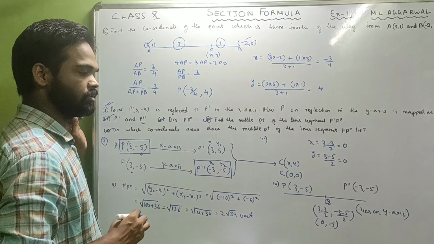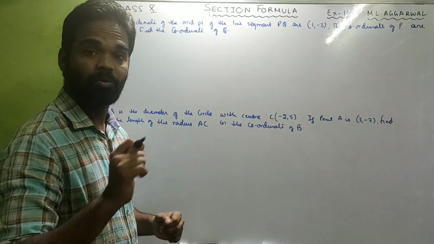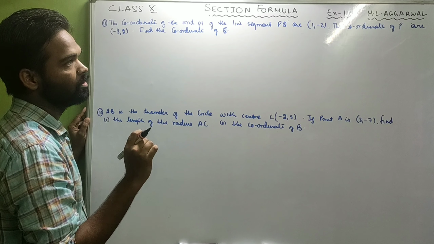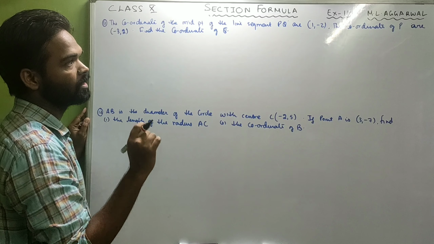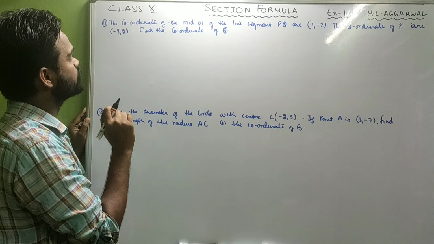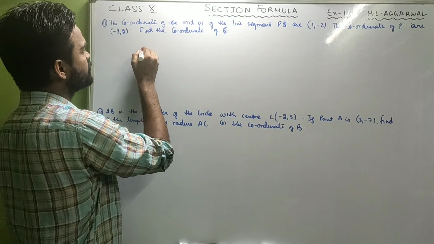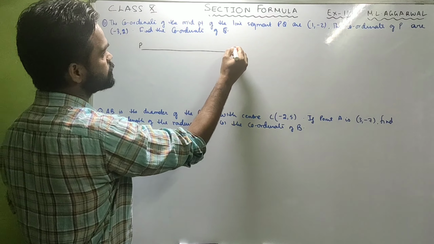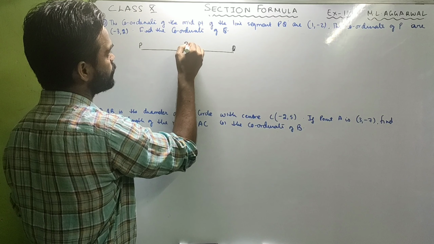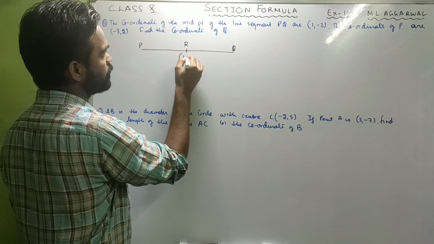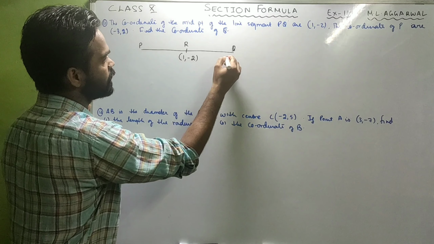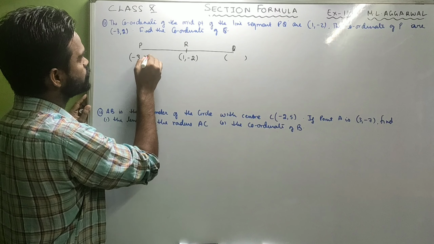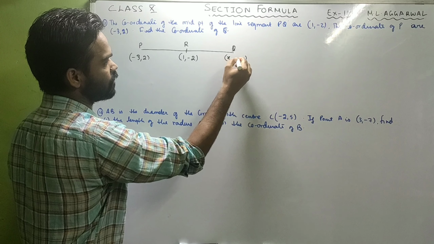Done. Now let us look at the next sum. Now look at sum number 11. The coordinates of the midpoint of the line segment PQ are 1 and minus 2. The coordinates of P are minus 3 and 2. Find the coordinates of Q. Very easy, see. This is your point P, this is your point Q, and suppose the midpoint is R, 1 comma minus 2. They have asked the coordinates of Q, and P is given as minus 3 comma 2. Suppose Q is x2 comma y2.